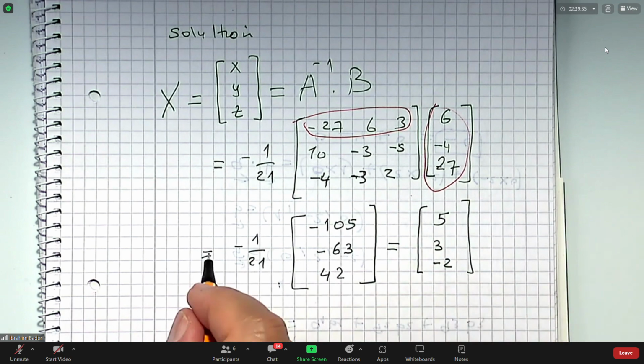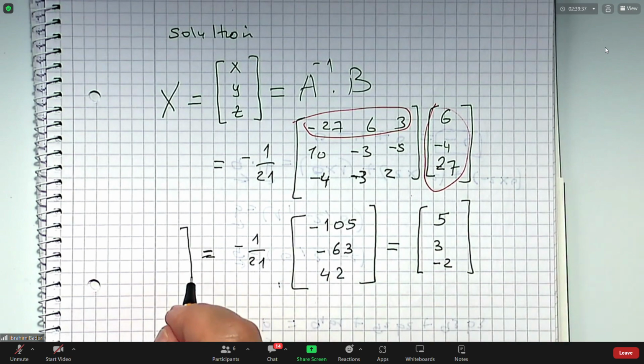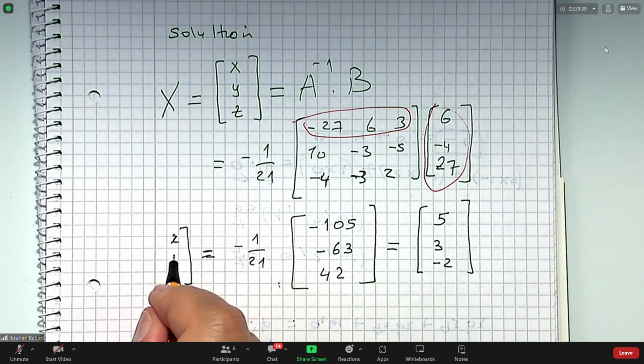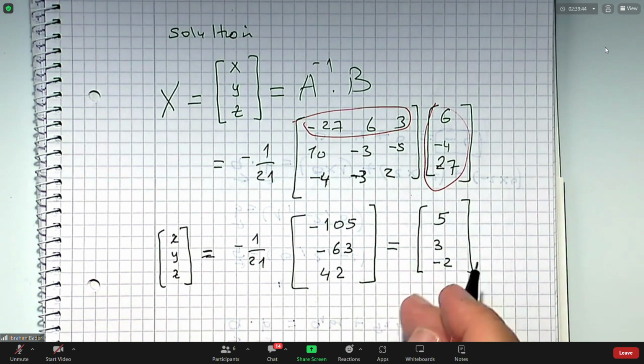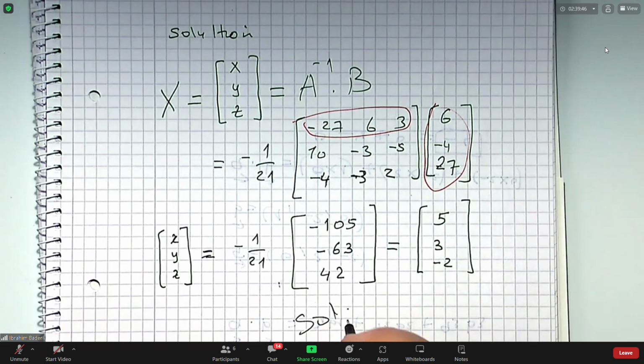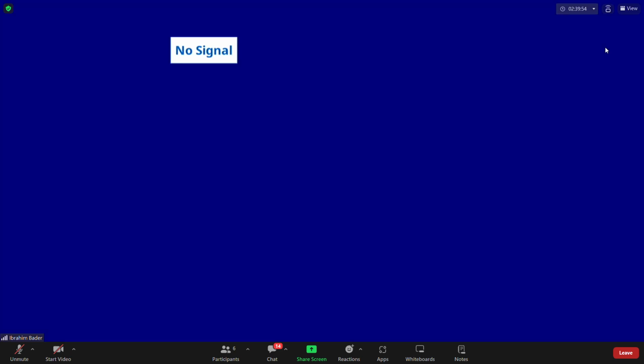And remember, always just think about it. This is the set of variables. So it's the solution, okay? We are almost done, actually.